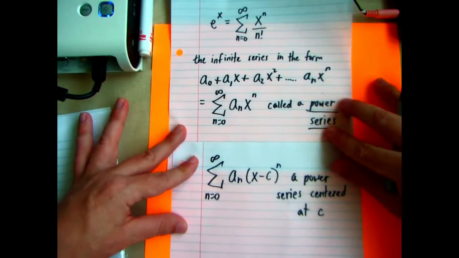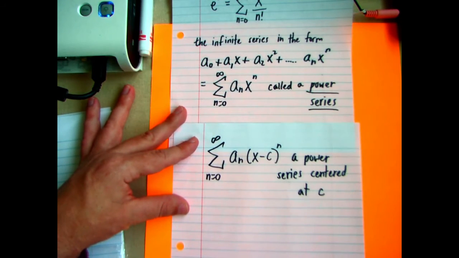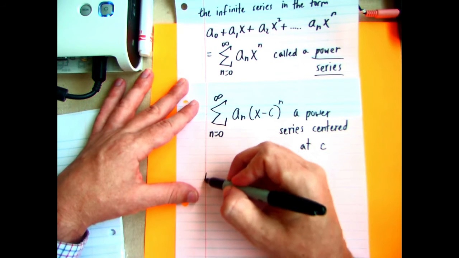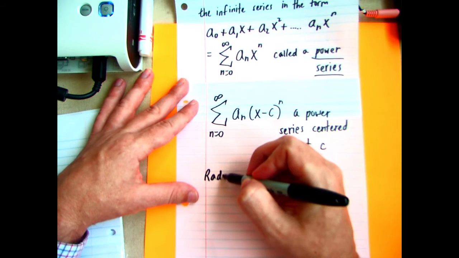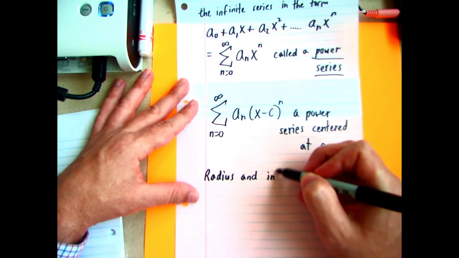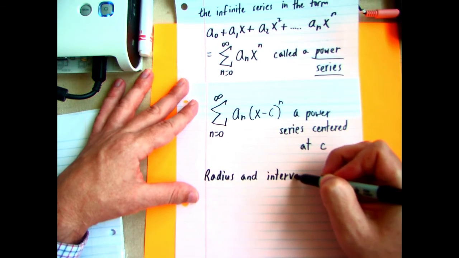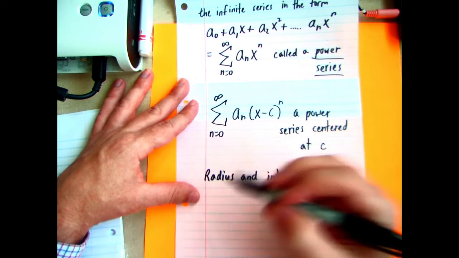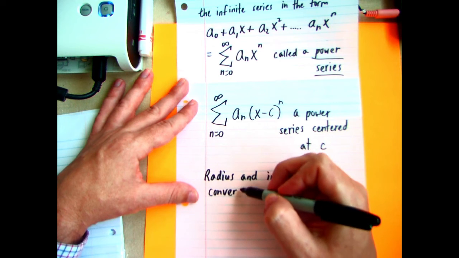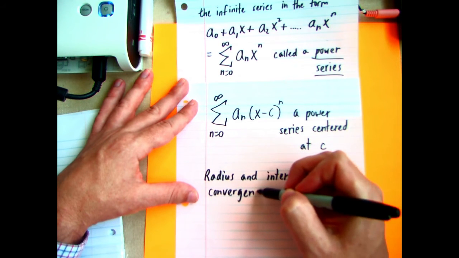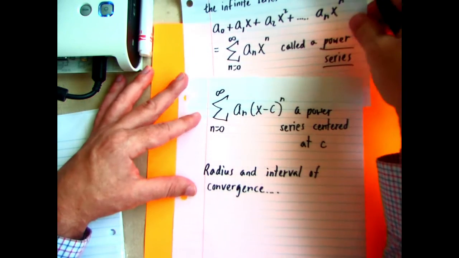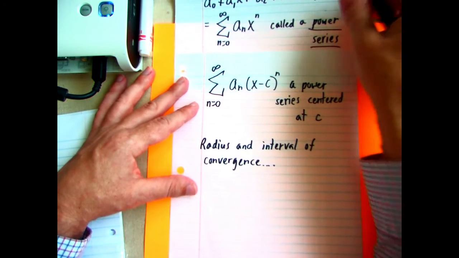So we talked about it with our Taylor series polynomials, that the point of these is to estimate values of our function in and around where we're centered at. Well, only a certain amount of values of x in and around the center are going to be giving us good values.